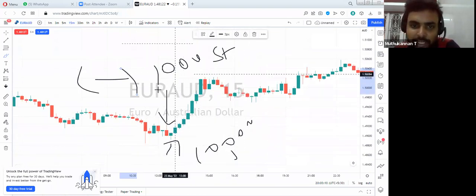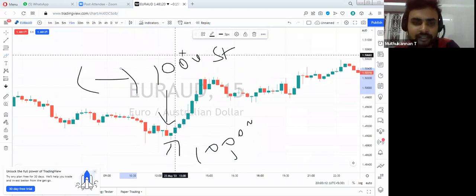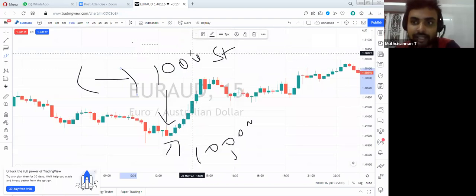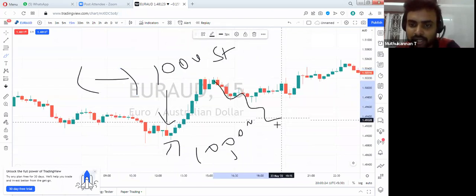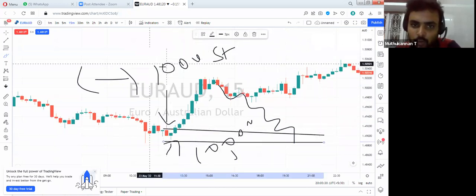So they don't leave this 1,000 standard lots just like that. They are not running a charity. They are not doing donations. So they will eventually bring the price to the downside, and as soon as it is touched, they will close this 1,000 position.